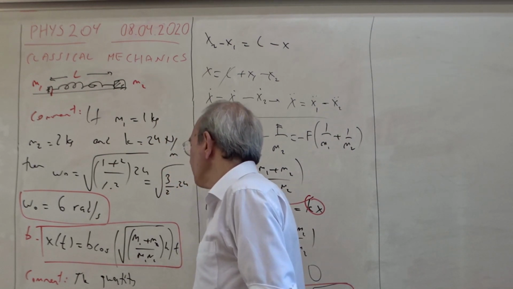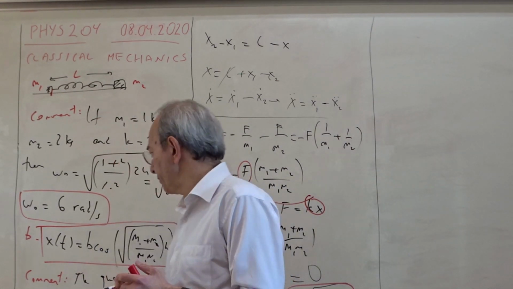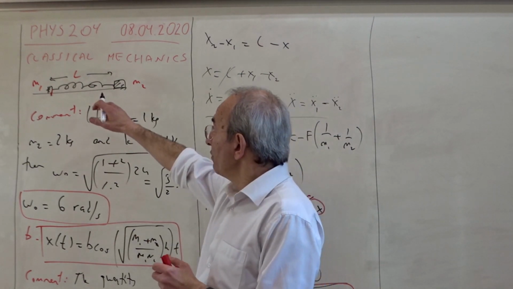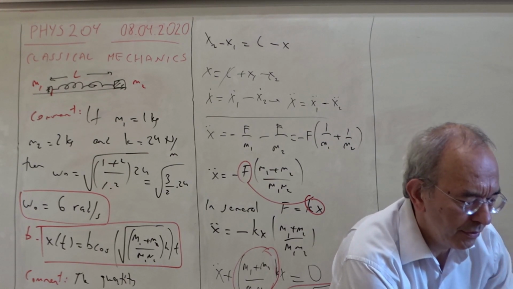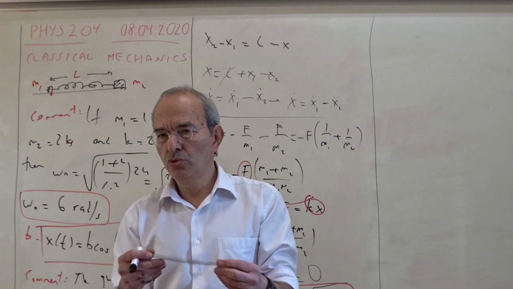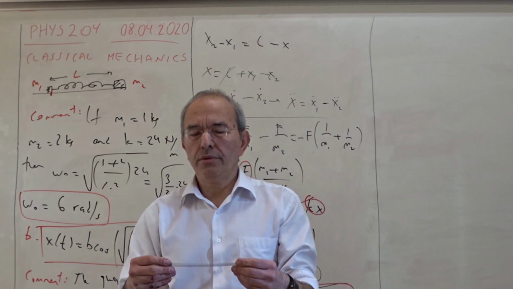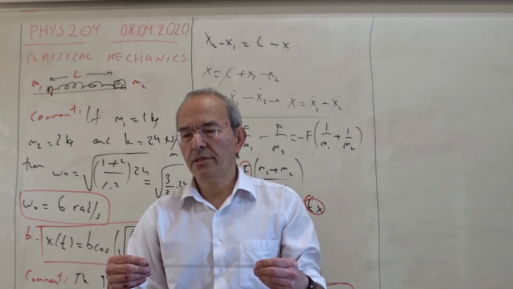So sometimes it makes it easier to calculate this type of thing, because, for instance, let's say we have a spring and two masses attached to the ends. And we also maybe elongate it and let it oscillate as it does.